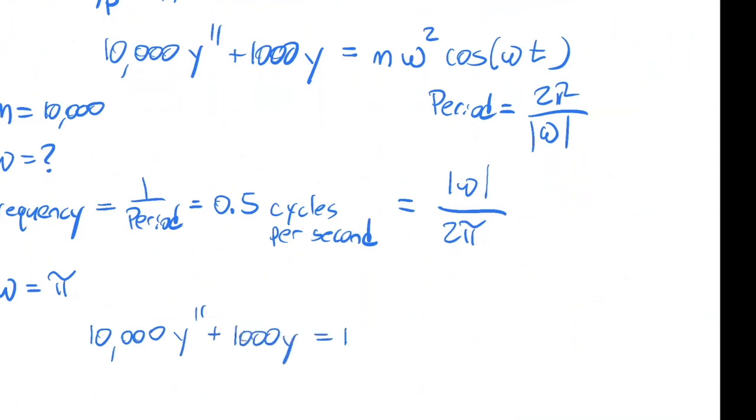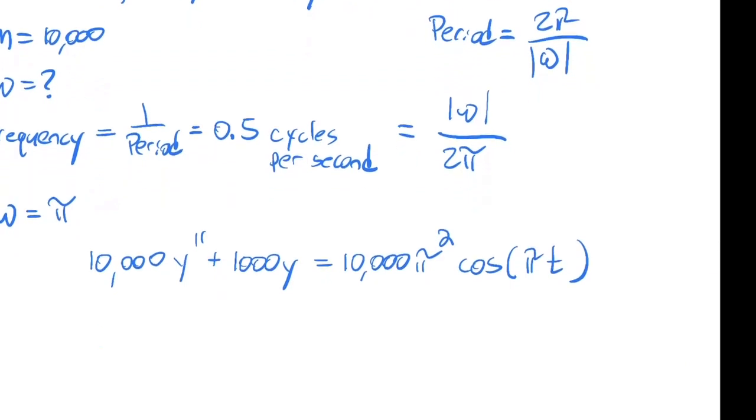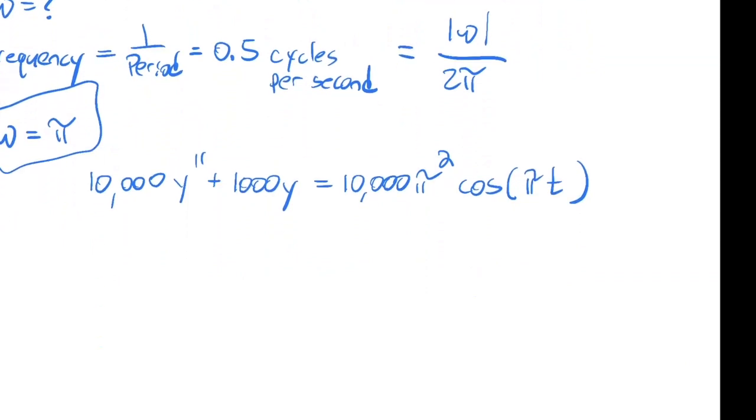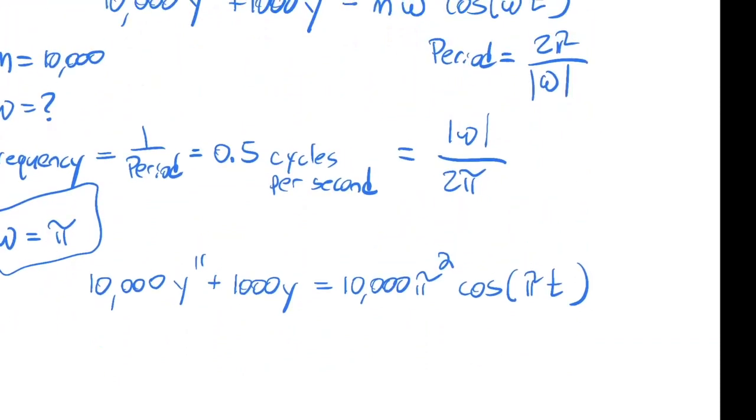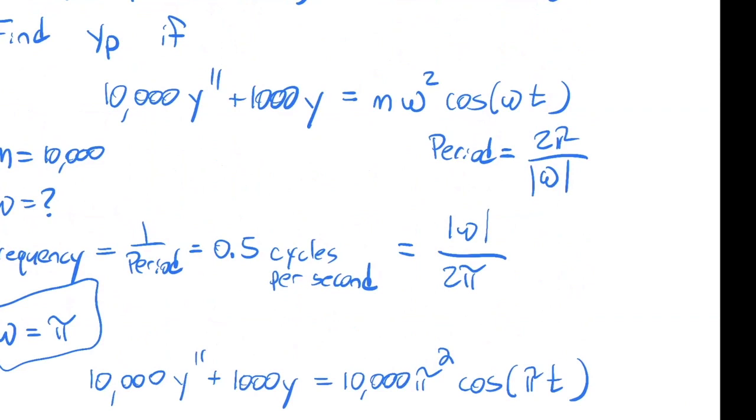So that means we've got 10,000 pi squared times the cosine of pi t. And again, the task was we wanted to figure out what is the particular solution for this forcing function.